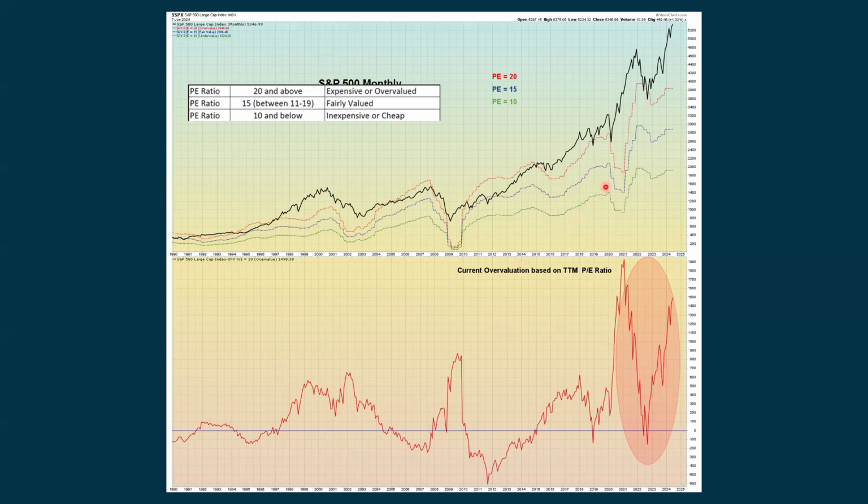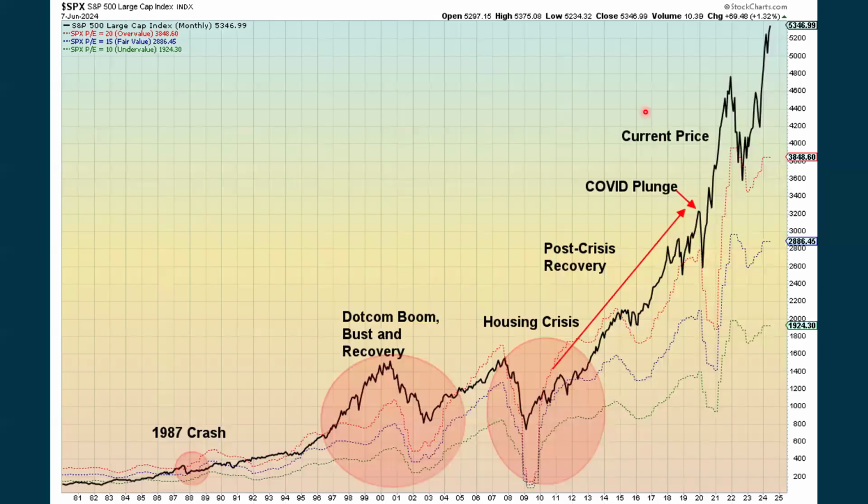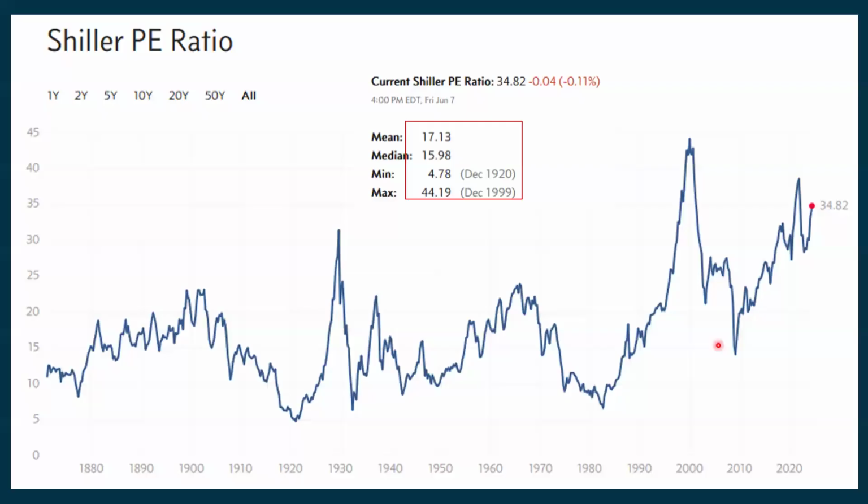But you can see by looking at this chart, we can go for years at a time where we are overpriced. We don't use this to really make any decisions. This is more just on an informational basis. Then we can also compare that going back to 1980 to different events and what the valuations were at that time. Another way of looking at this is called the Shiller PE ratio.